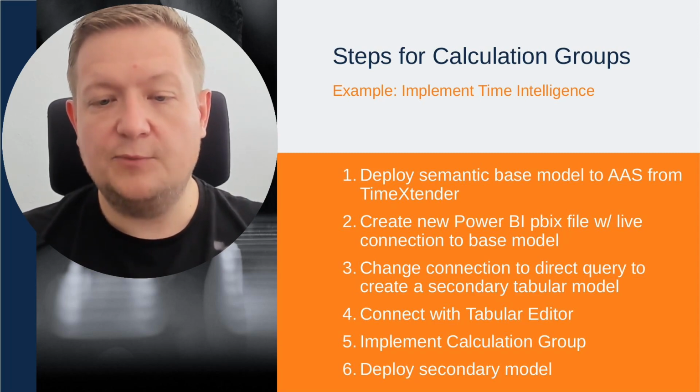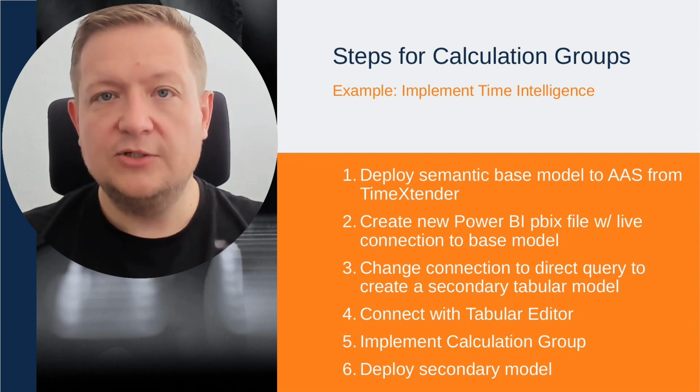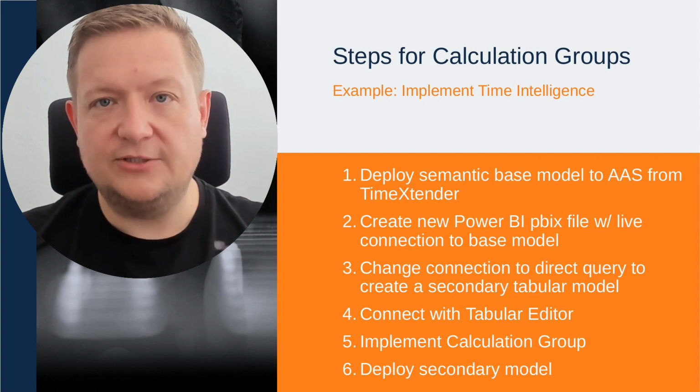And as the last step, we can deploy the secondary model to the Power BI service and see it all in action. That was quite a bit of prep work, but I think it was worth it and it should make it very easy for you to follow along because you know exactly what we're going to do. So now it's time for a demo.